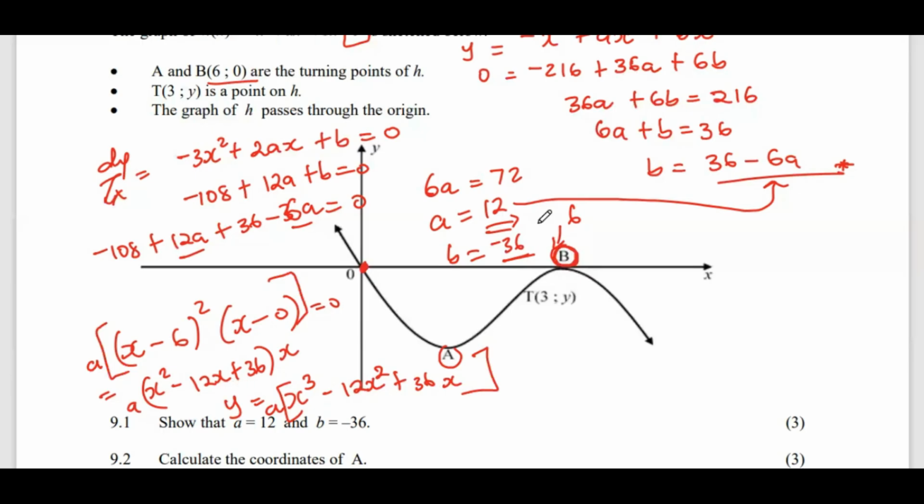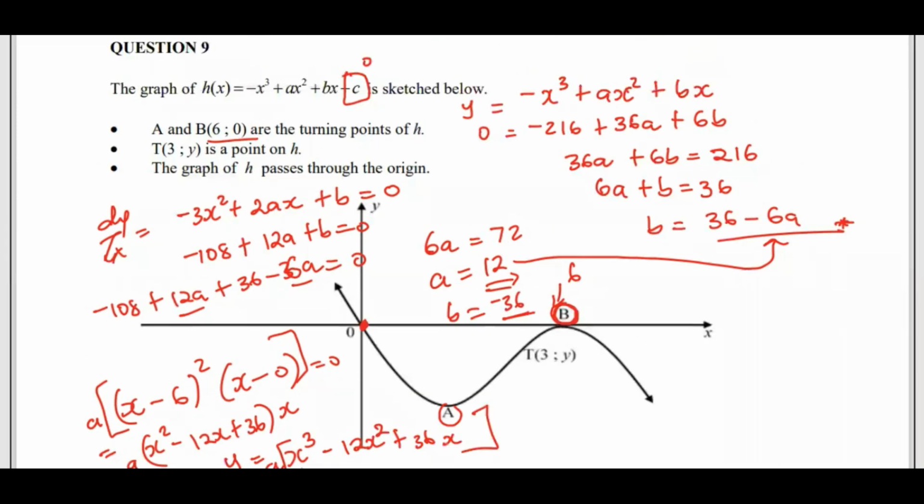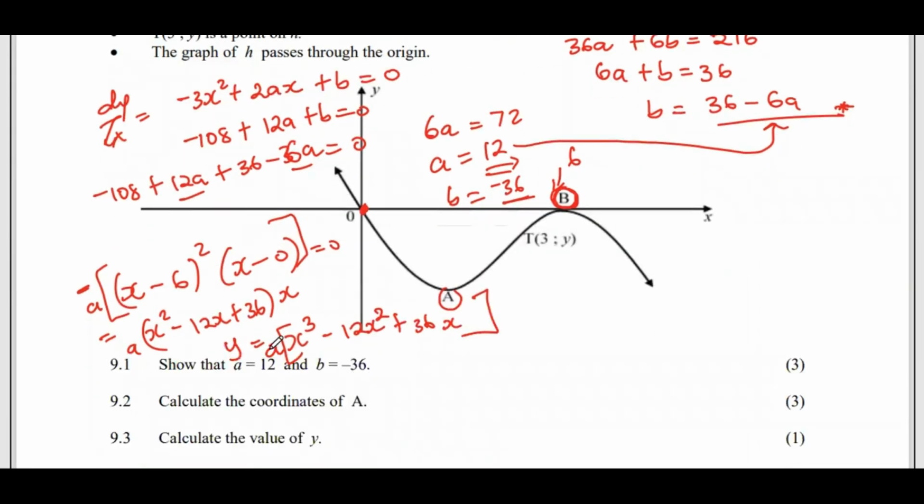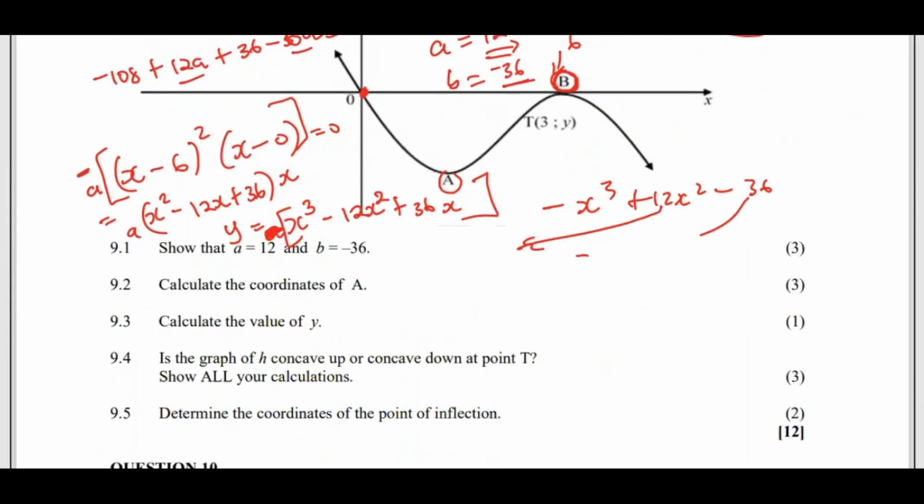Because with this opening, the a is meant to be negative. So that's a negative. Okay, so if that's a negative, then it's negative x cubed plus 12x squared minus 36x. I think we can use that and then get those answers directly. Whichever way, all we need are the answers.